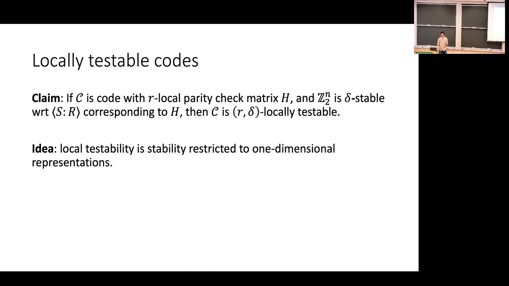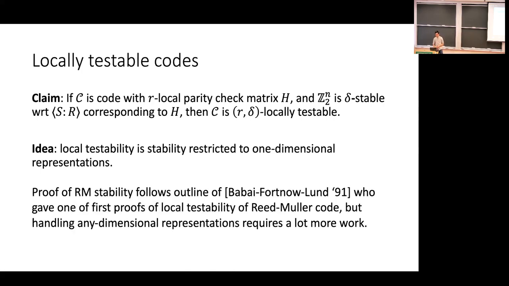And really, you can think of locally testable codes as talking about stability of one-dimensional representations. But now when we're thinking about group stability, where you're talking about unitary representations of any dimension, well, that requires more work.